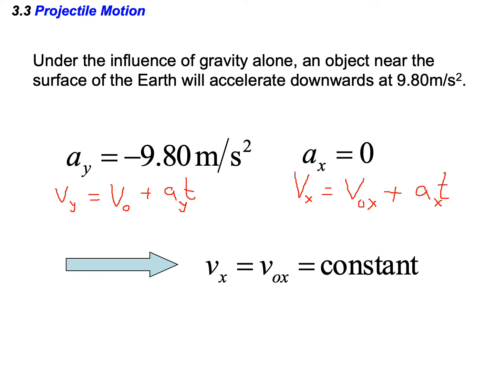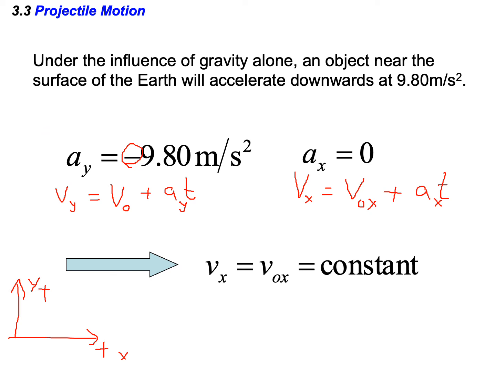We know acceleration is a vector, so negative means it's in this direction, and we always consider the horizontal x direction positive as this, and positive y direction is upward like this. And therefore, if the acceleration is pointing downwards, you have a negative 9.8. It represents the direction.